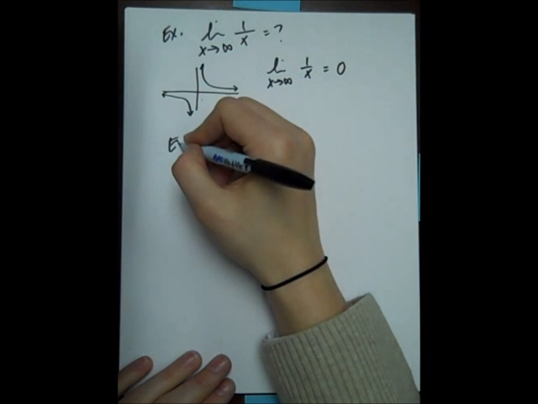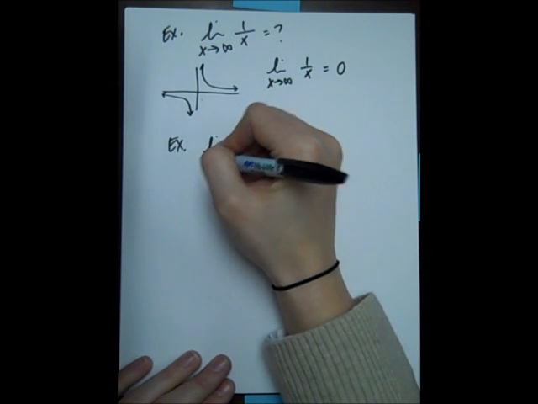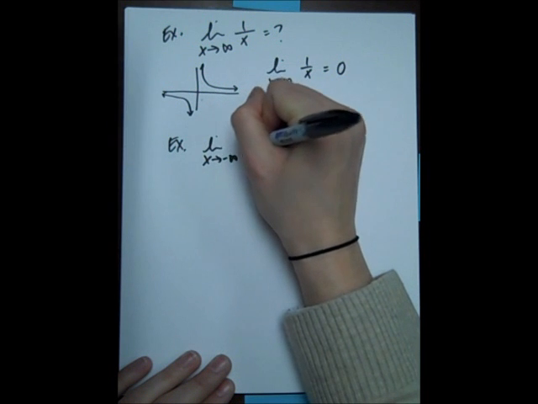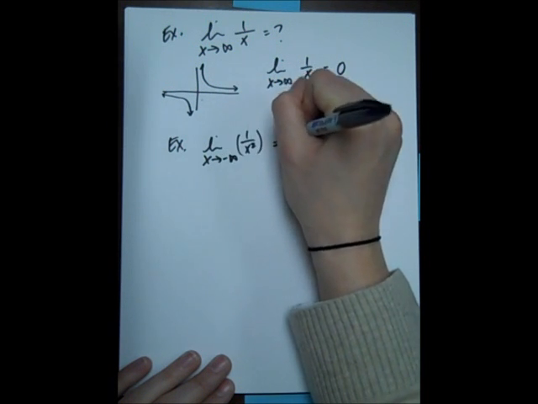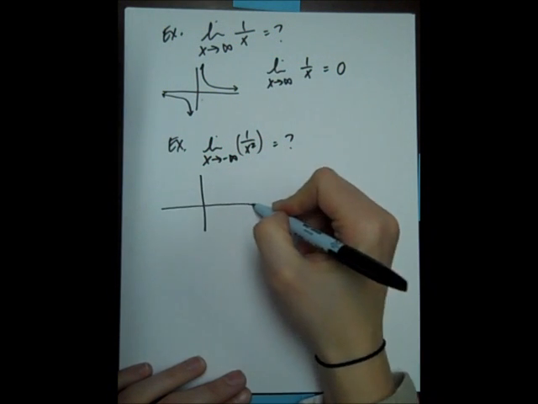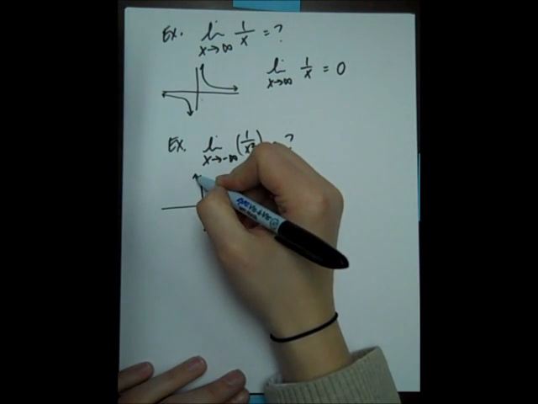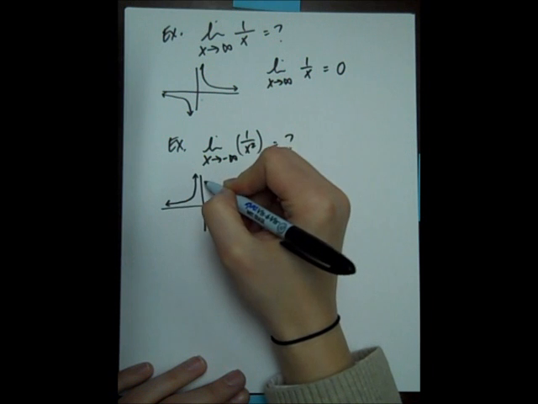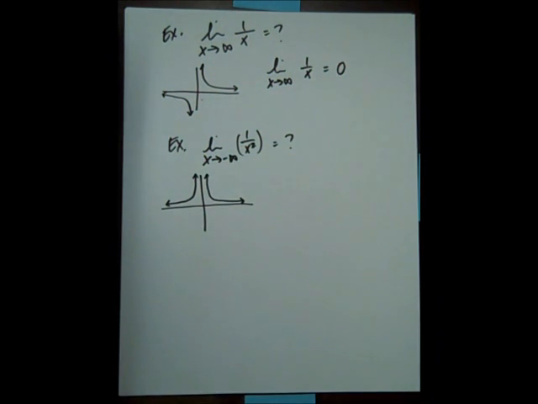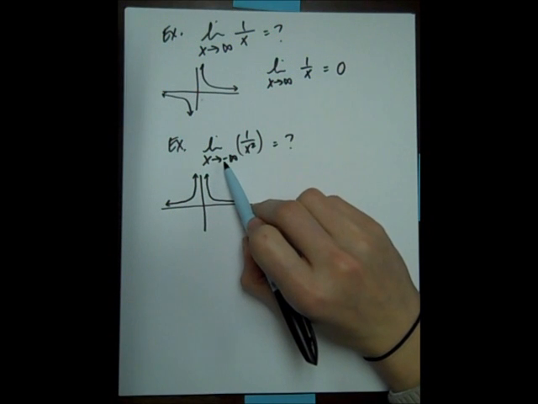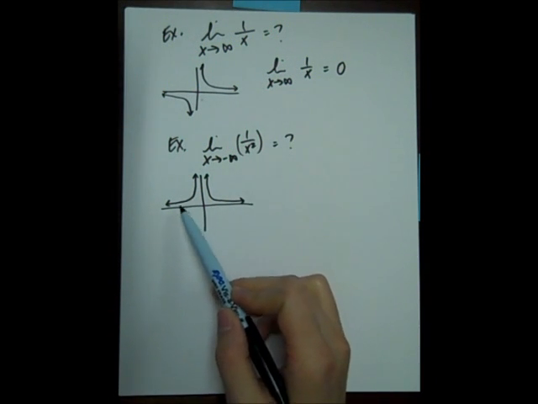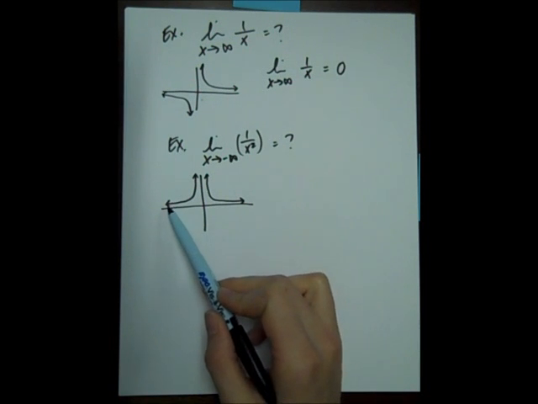What about the limit as x approaches negative infinity of 1 over x squared? Again, let's look at my graph. 1 over x squared has a vertical asymptote at 0, and this is what my function looks like. As x goes towards negative infinity, so now I'm saying along my x-axis, my x's are going all the way to the left, what are my y values doing?